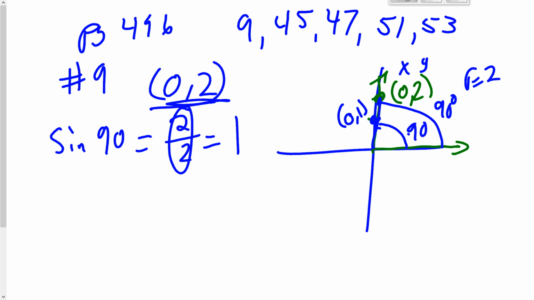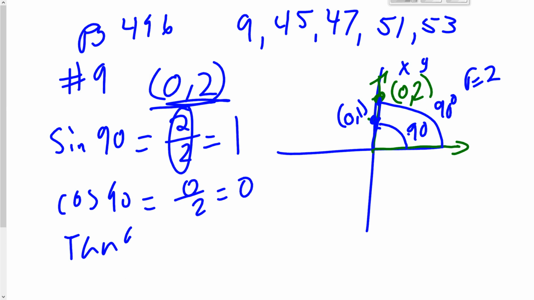So you're going to get 2 over 2 for cosine of 90. Right, you're going to get 0 over 2, which still reduces down to 0, and tangent is still going to be undefined because you have your y over your x, which you still can't divide by 0. And then you can go ahead and find the other 3 remaining ones by flipping those fractions, and they'll be the same answers we just got done doing.